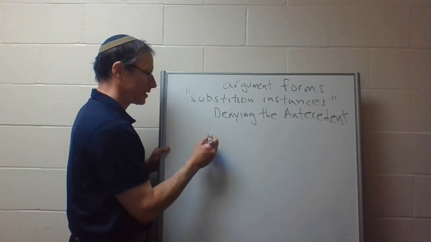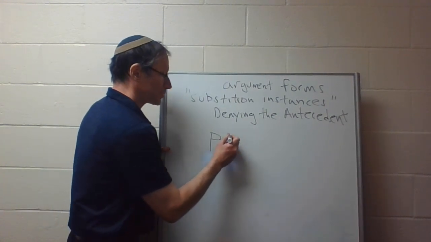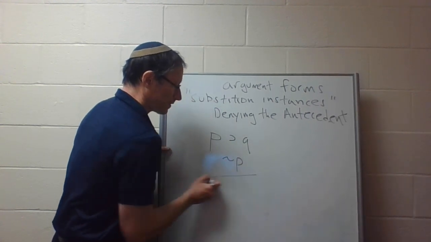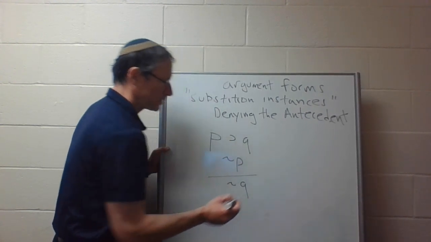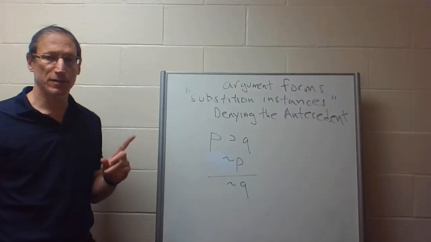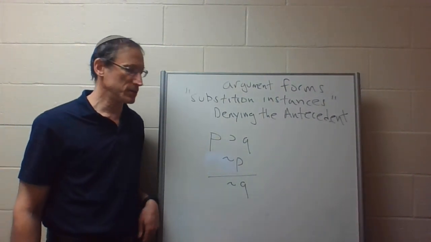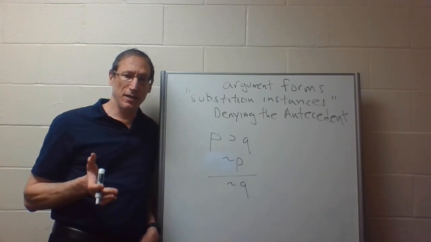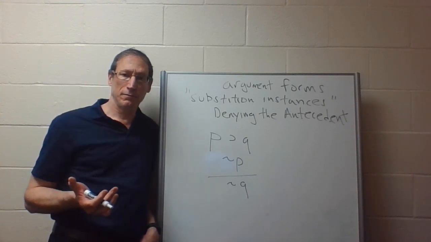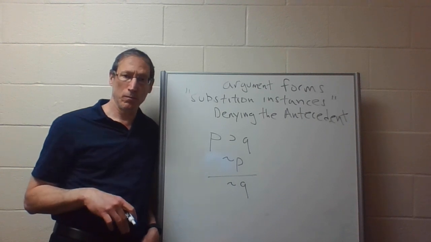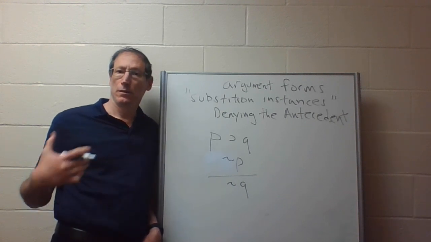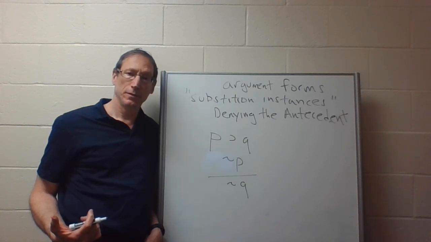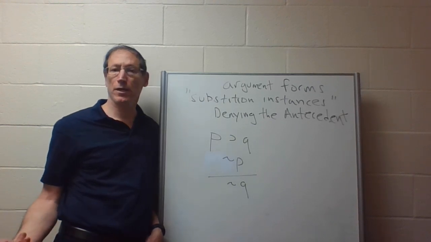You've got P horseshoe Q, not P, therefore not Q. I'll give you a very quick substitution instance of this argument. Suppose somebody says: if it's raining, then I'll stay home. It's not raining, therefore I'm not staying home.